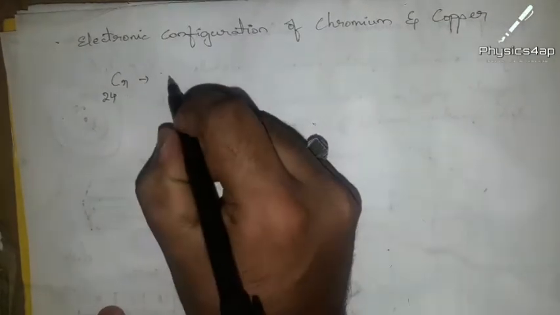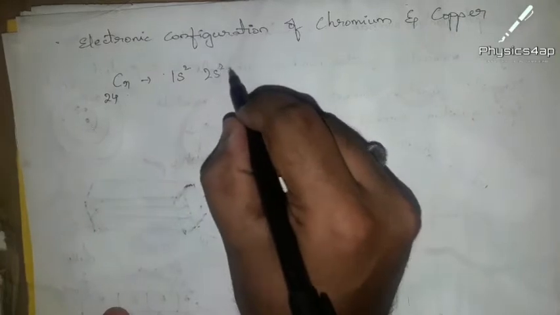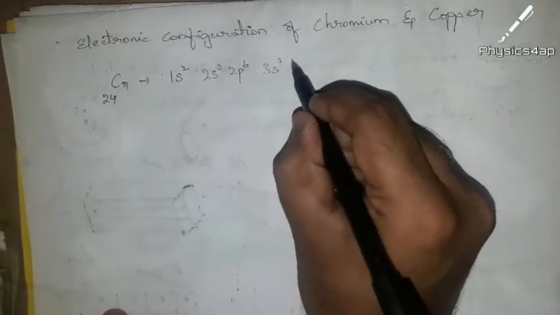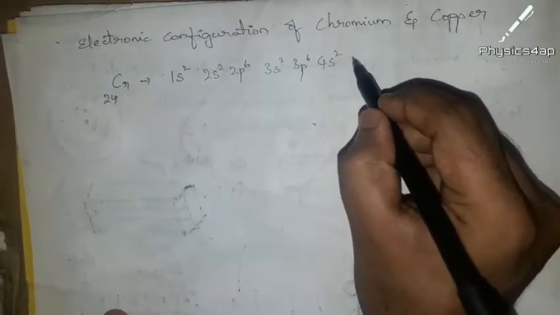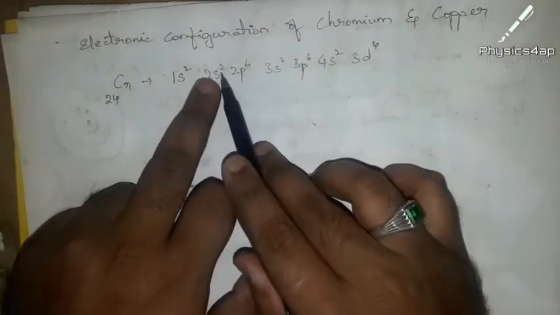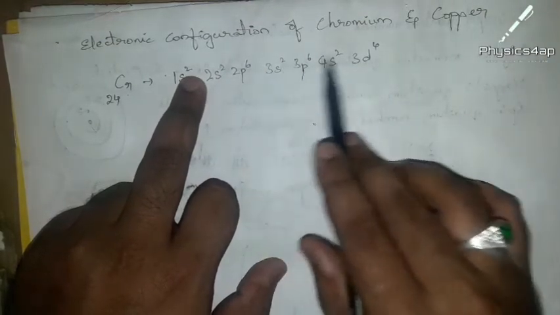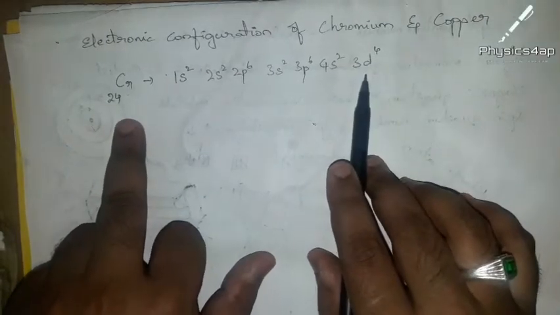So we write the electronic configuration as 1s2, 2s2, 2p6, 3s2, 3p6, 4s2, 3d4. Let's see whether it has been completed: 6 plus 2 plus 10, 6 plus 2 plus 10, 10 plus 10 is 20, 20 plus 4 is 24. So now we got the electronic configuration for chromium.